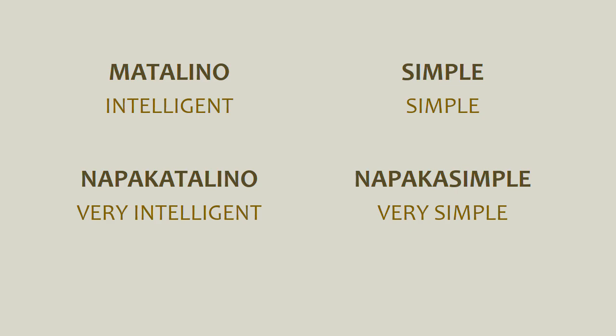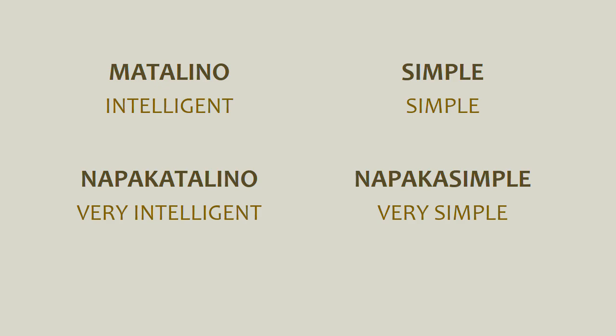Just a little background, napaka is a prefix that we use when we want to describe something or someone to a great degree. It's like using very with an adjective in English, like in these examples. Notice that we remove the MA before adding the prefix napaka. So that is a rule you must follow.